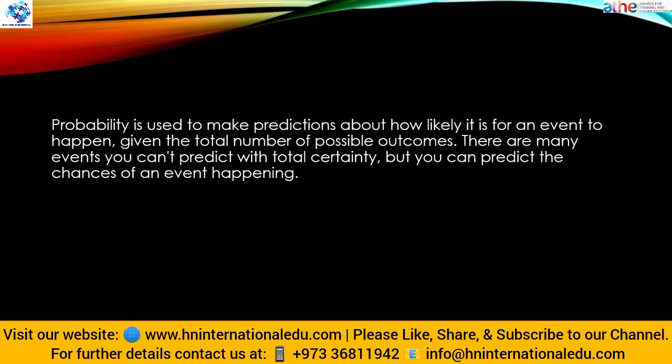But if it is six or seven or whatever the number is, that is the total number of possible outcomes from which you see the happening of an event. There are many events you cannot predict with total certainty, but you can predict the chances of an event happening, either it is going to happen or not.